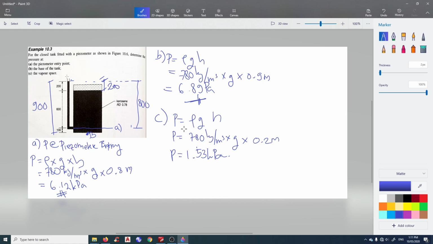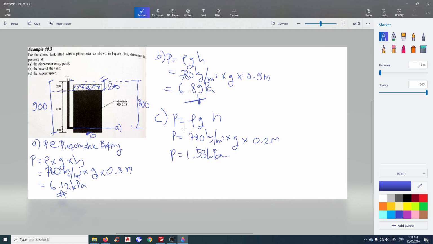Just a note, the vapor space pressure causes a rise in the piezometer by 200 mil. If there is no vapor space pressure here, the water there will be equal with the water level here, like that.